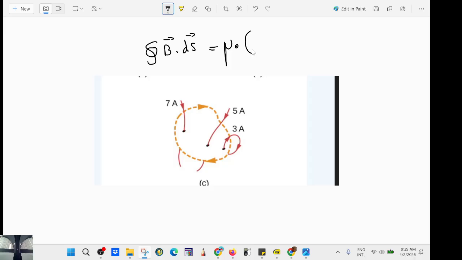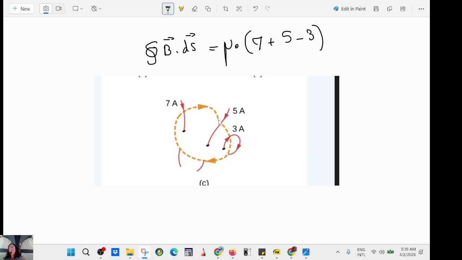Anything in will be positive, anything out will be negative. Exactly. So this is equal to mu 0 times (7 plus 5 minus 3).